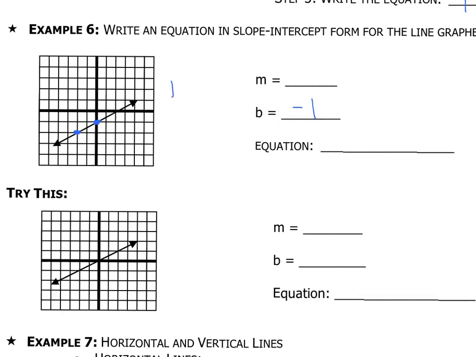So I know my slope is positive. How much up is it going? Well, up 1, and then it has to go over 2. So up 1 over 2. When we go to write it, y equals mx plus b, which is, oops, that is not right. Your y-intercept is -1.